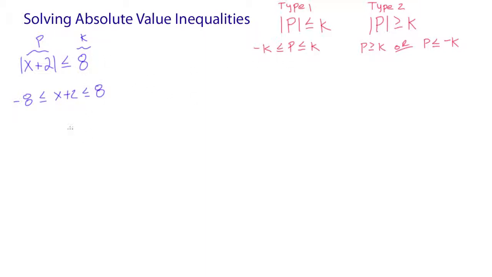Okay, so now we have our general answer, but it's not quite finished. We need to isolate x. To do that, we do it kind of like solving for x in an equation. We subtract 2, but we subtract 2 on all sides, not only on the right, but also on the left.